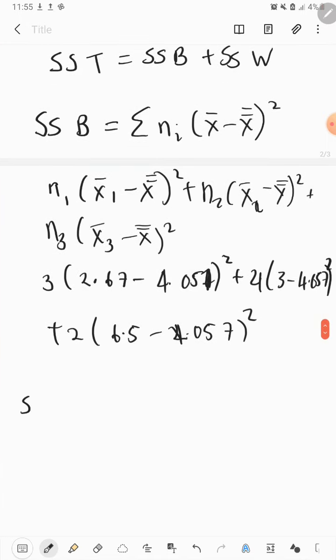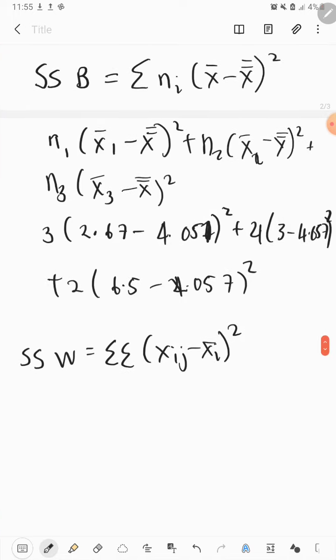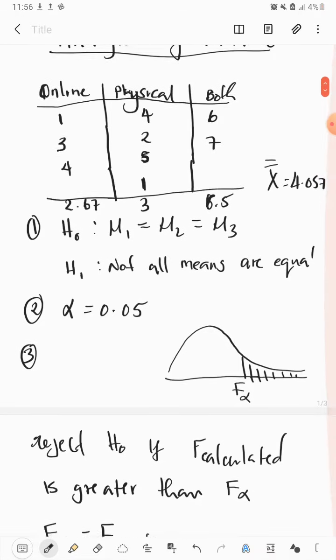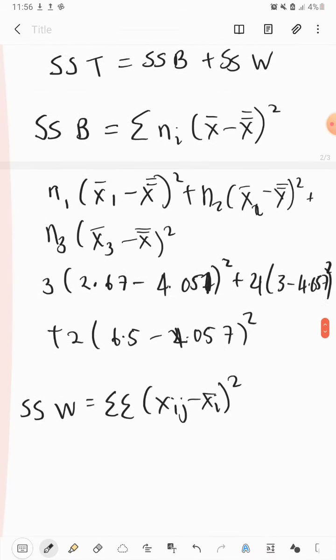Okay, now the sum of squares within is given by the double summation of x ij minus x bar j, squared. This just means that for each value you subtract its mean and then you square. So we have 1, 3, and 4.